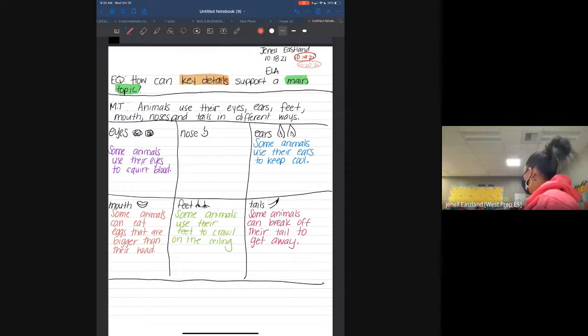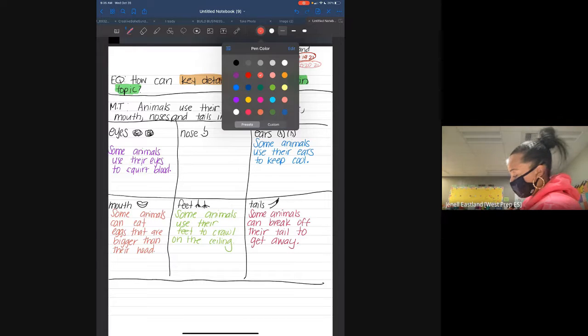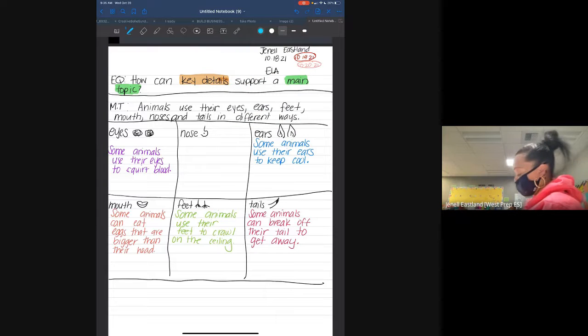And let me see, Aishan, can you give me a way that an animal uses their nose? You can get the book. So I see Aishan said, "Can I get the book?"